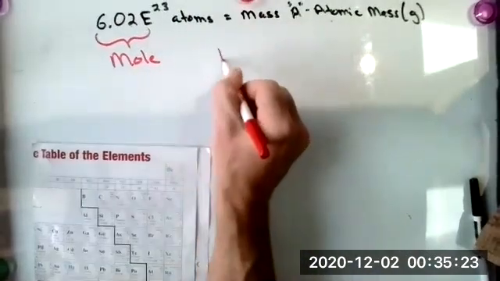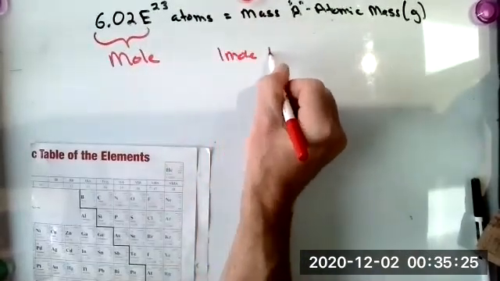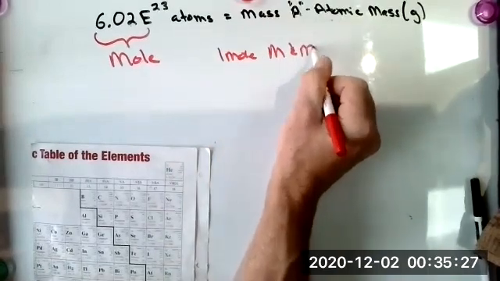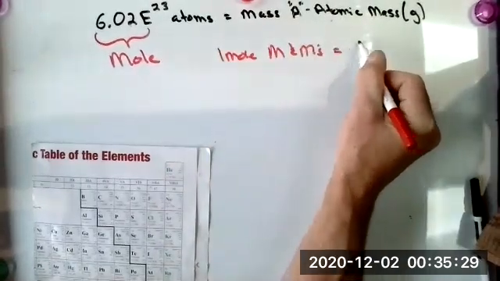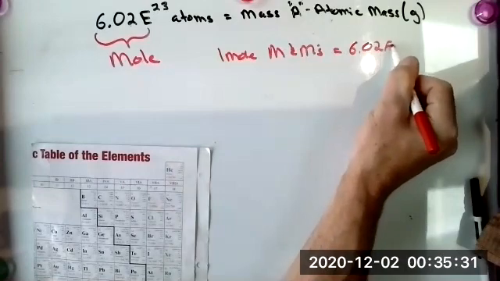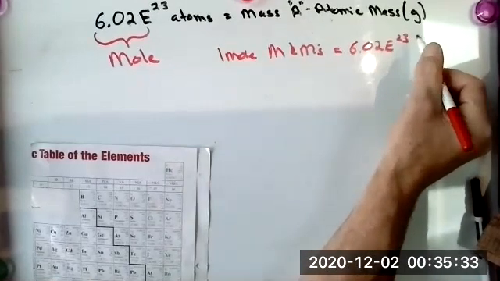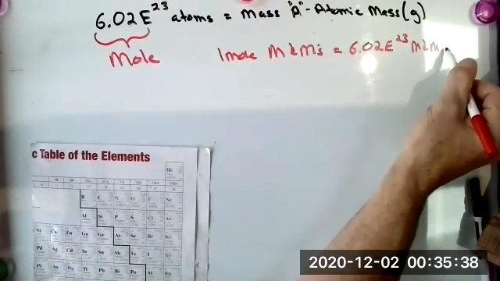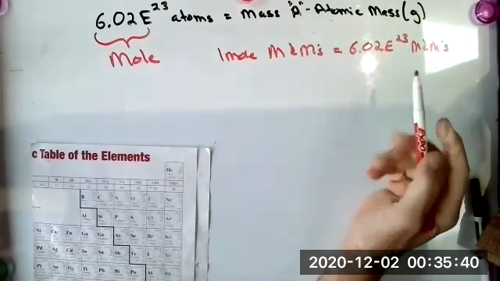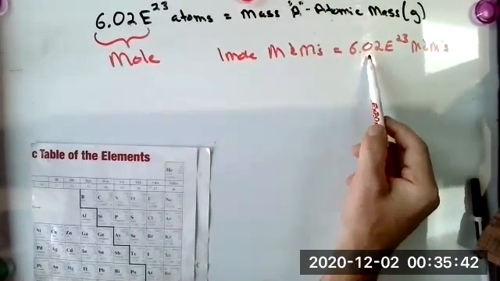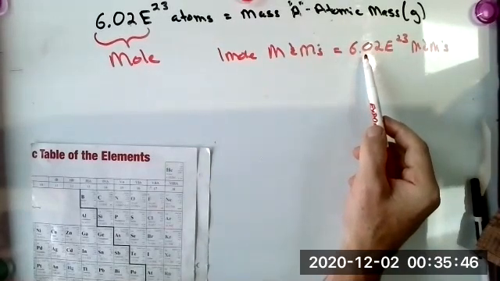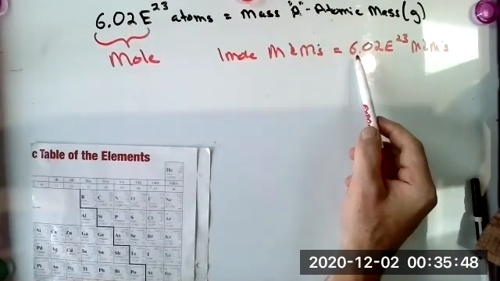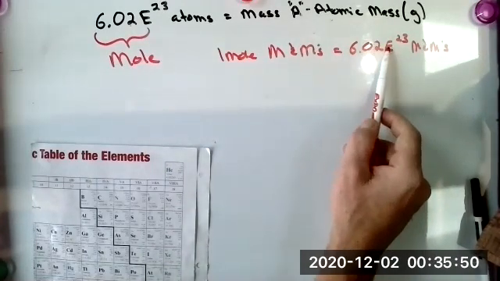So I could have 1 mole of M&Ms, and I would have 6.02 e to the 23rd M&Ms. And I would probably be in heaven if I had that many. If I had that many, it would probably reach to the moon if they were stacked one by one. That's a huge number, my friends.